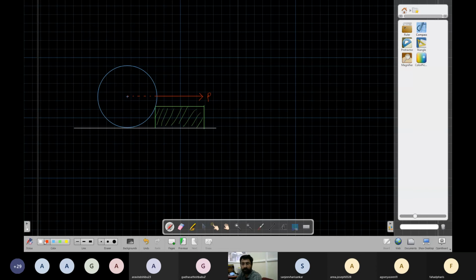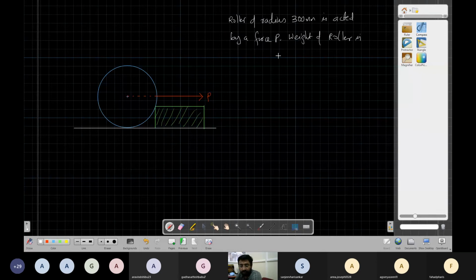Okay. So let's say that we consider a body, a roller of radius 300 mm, acted on by a force P. What you have to do is find the weight of the roller, which is 1000 Newton.